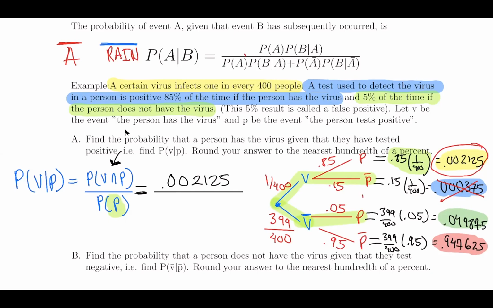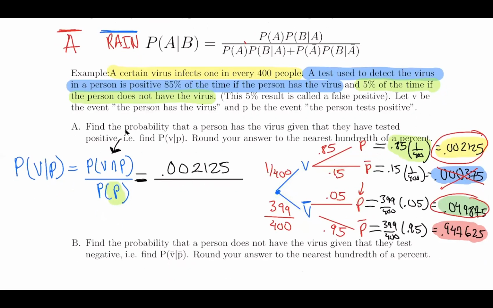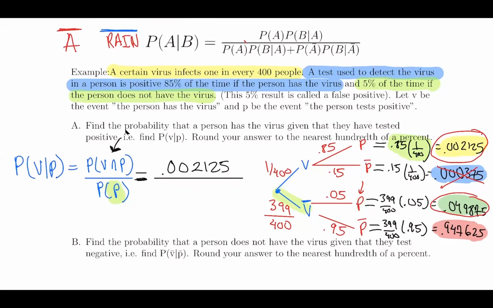Well, since they tested positive, you want to use that test result. So I'm using this number over here. And then finally, we have this one where a person does not have the virus and tests negative for the virus. In this scenario, we're not going to use this probability.